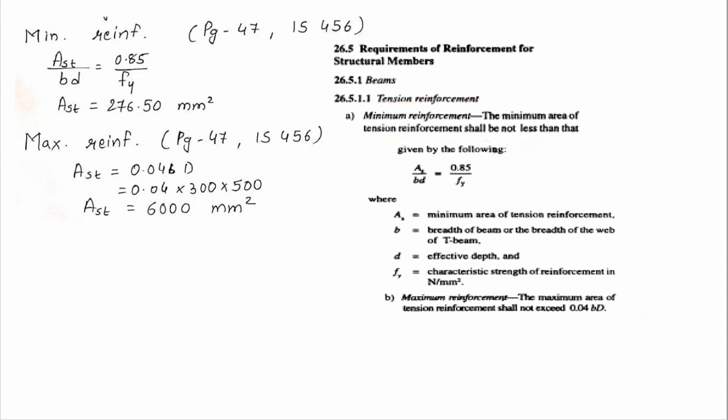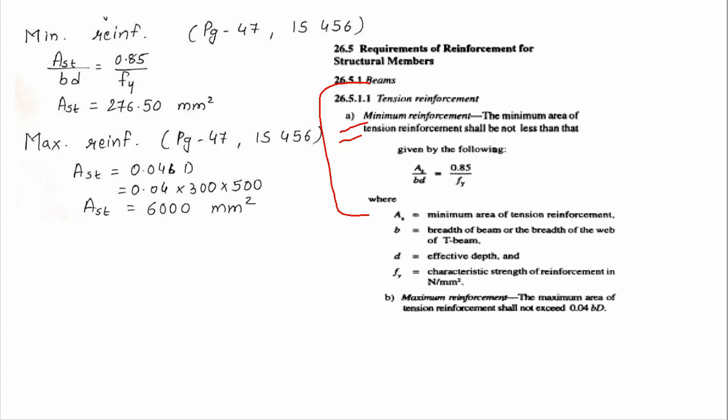So we'll be seeing this portion. Here it is mentioned in clause A that minimum reinforcement, again we have been asked in the question the same thing, the minimum area of tension reinforcement shall not be less than, meaning it should not be less than this value.